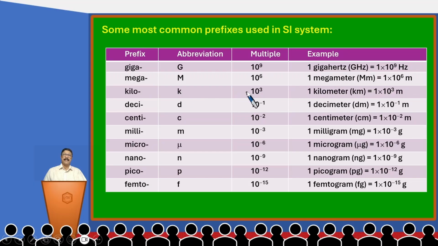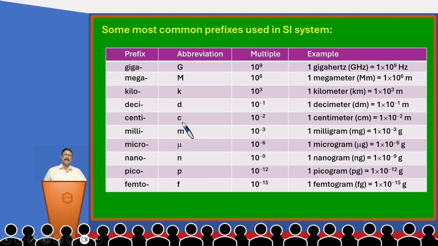Kilo, lowercase k, multiplies 10^3. 1 kilometer is 1 × 10^3 meter. Then deci, lowercase letter d, 10^-1. And 1 decimeter is 1 × 10^-1 meter.